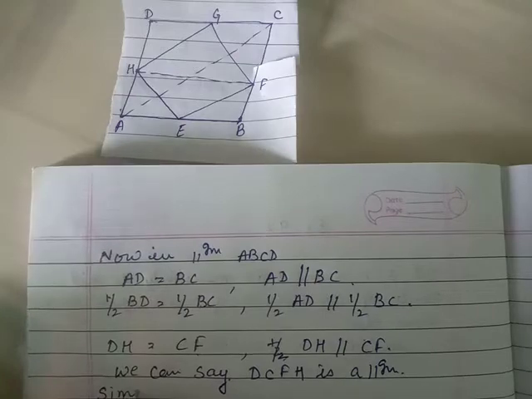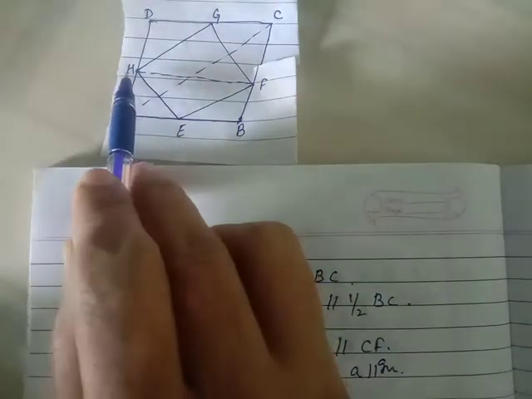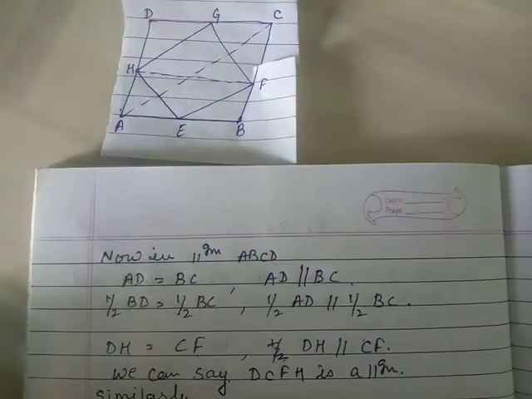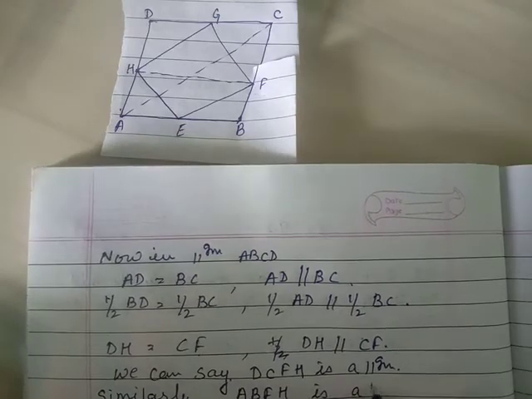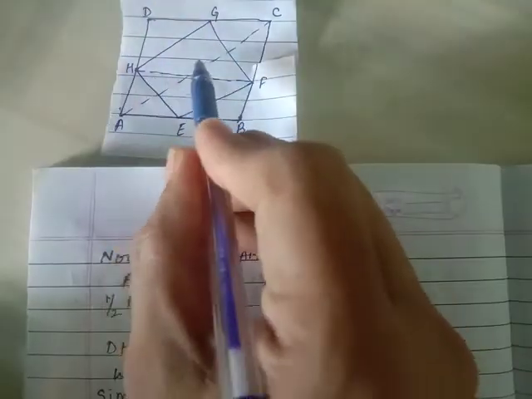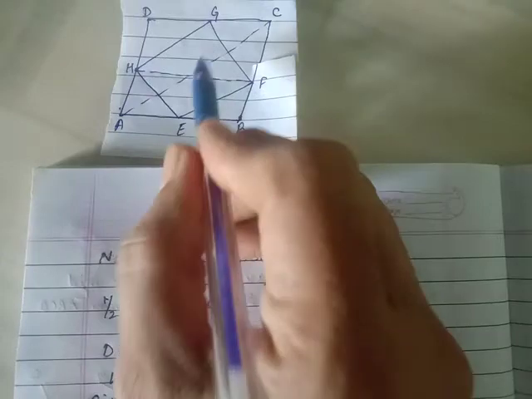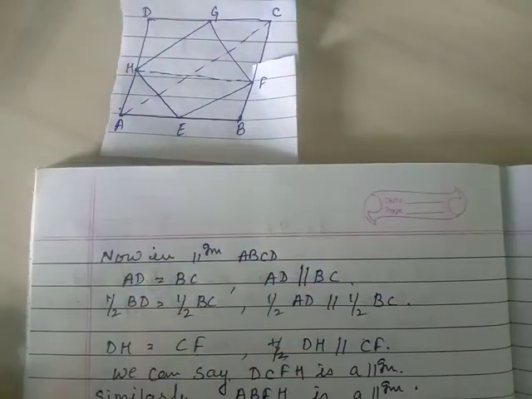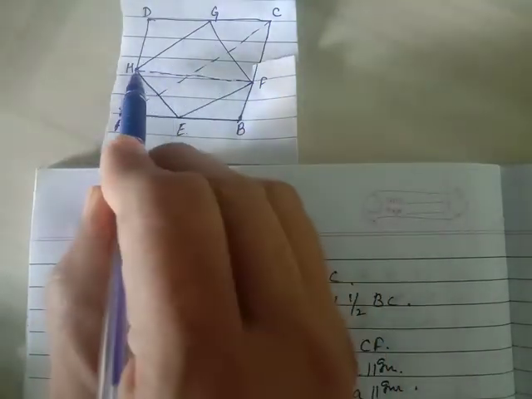Similarly we can say that ABFH is a parallelogram. Now in the big parallelogram we have got two parallelograms. One is above this line and the other one is below this line. Okay.